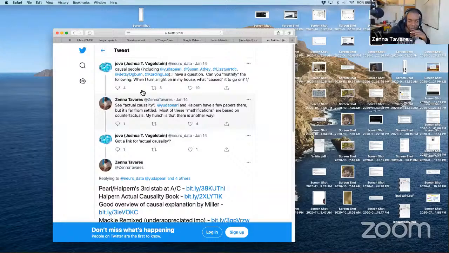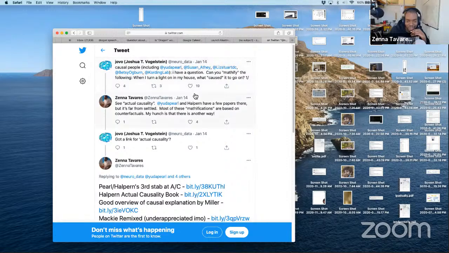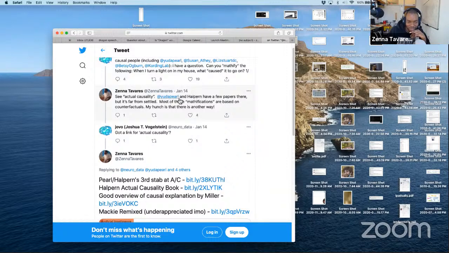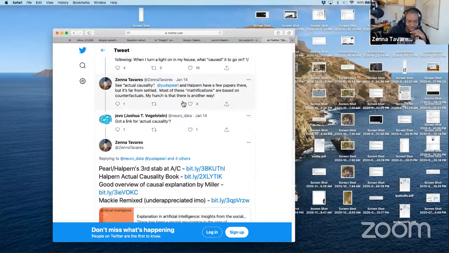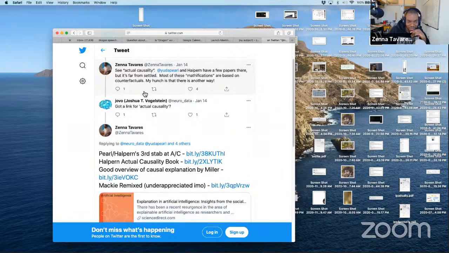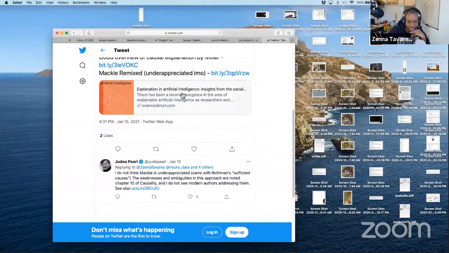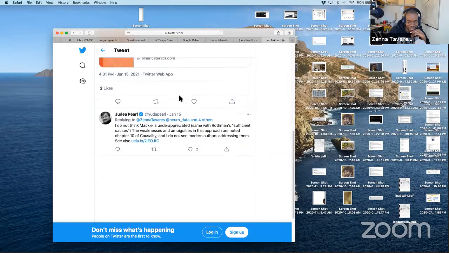Yeah. So a friend of mine, Jovo, just asked, causal people, can you mathify the following? When I turn a light on in my house, what caused it to go on? I basically said, see actual causality, tagged Pearl, and said there are a few papers there. Most of these mathematizations are based on counterfactuals. My hunch is that there's another way. I gave him some links, and then Pearl jumps in.